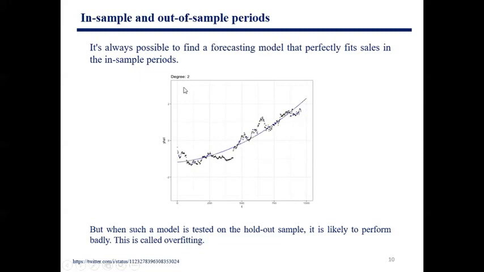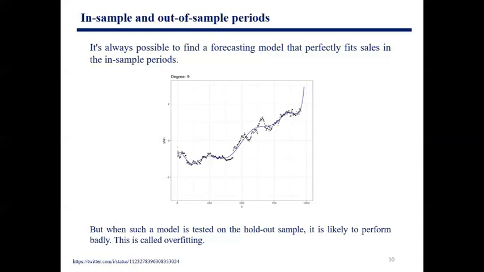You see when the degree increases, the model in blue fits the data well, but see what happened here after the fitted values. If you mark, for example, when the degree is 15, it's clear that our model will not do good forecasts. Even if it fits the data well, it will not have a good forecasting accuracy.